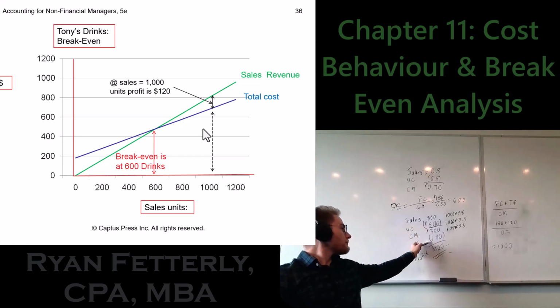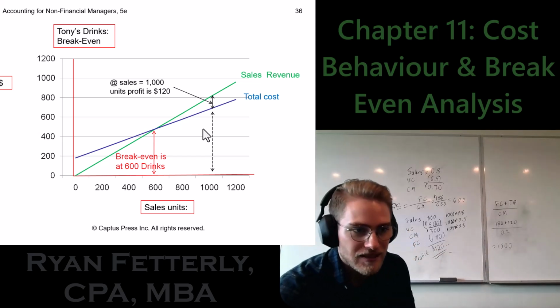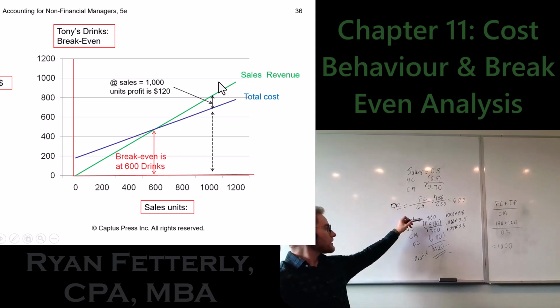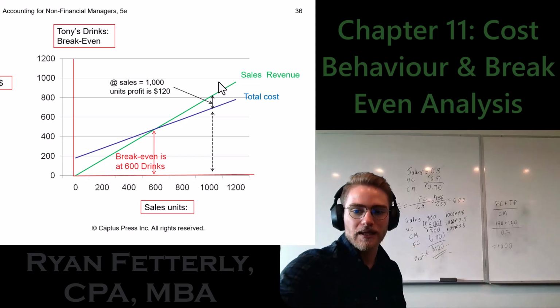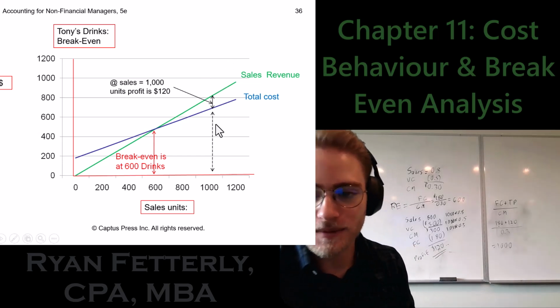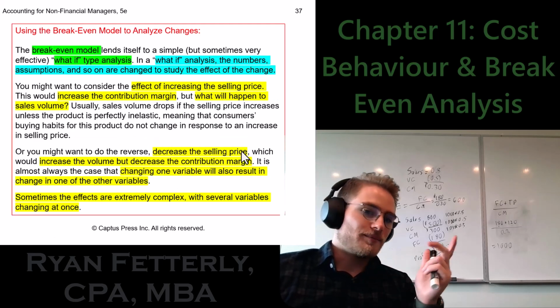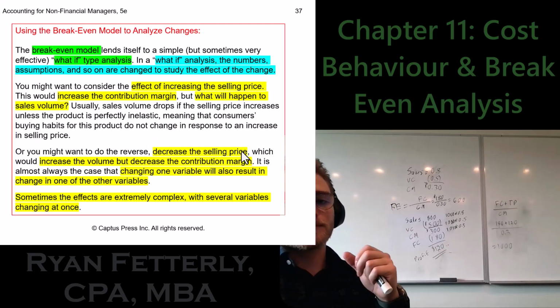So 500 plus the 180. So our total cost would be $680 in this case. So the 800 minus the $680 is what gets us the 120, and the 120 is basically the difference between these two lines. Sorry if that came out a little confusing. But it's everything we just already did, basically.